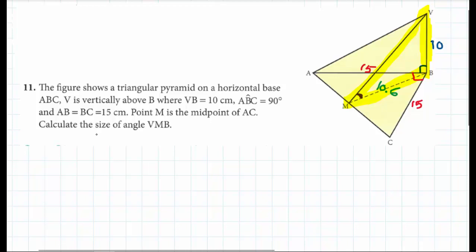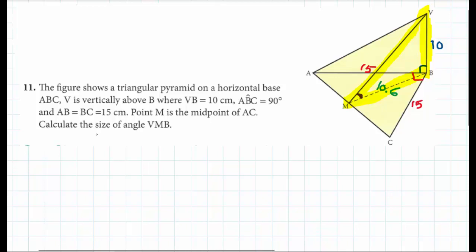Yes, we know the length of two sides in this triangle. We know the side MB is 10.6 that we found in the previous steps, and this is given in the question, it's 10. Now, according to this angle, which sides are given? The 10 is the opposite, the longest side is missing, which means the 10.6 is the adjacent.